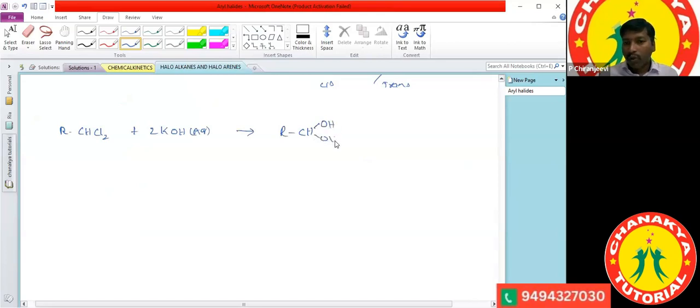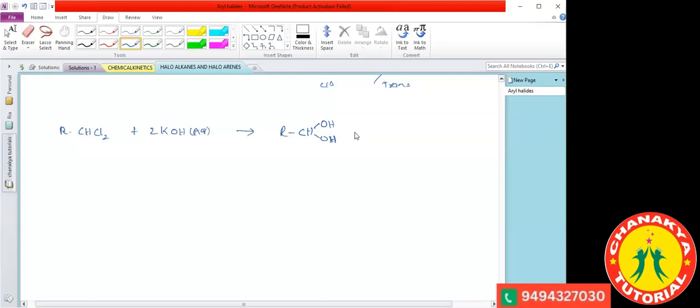These 2 OH groups are present on one carbon, so are they stable or unstable?